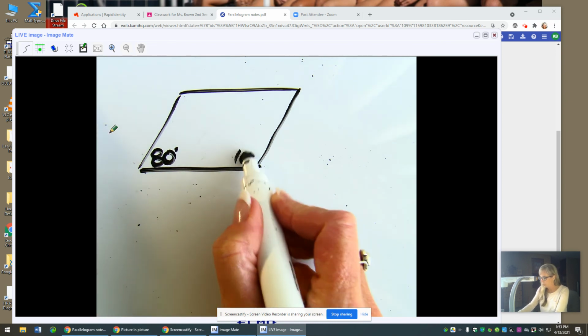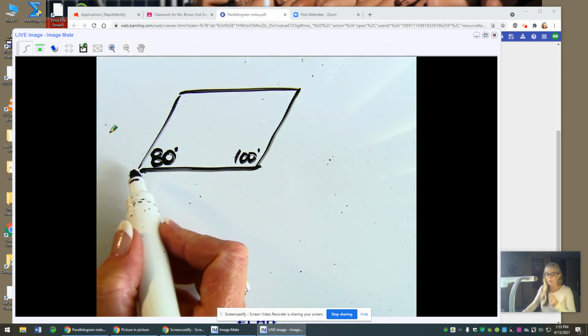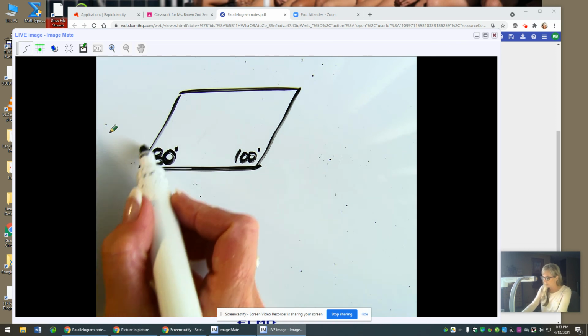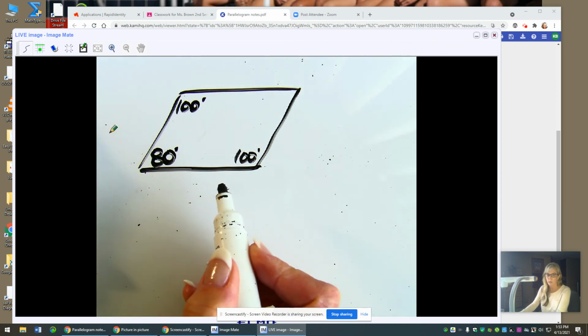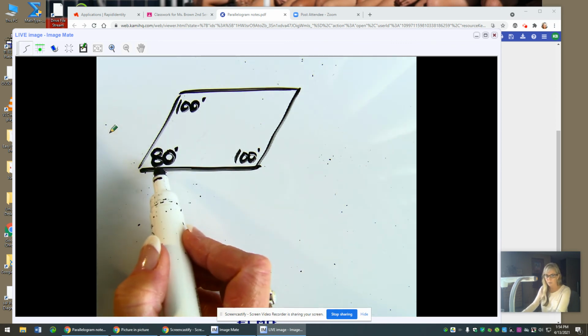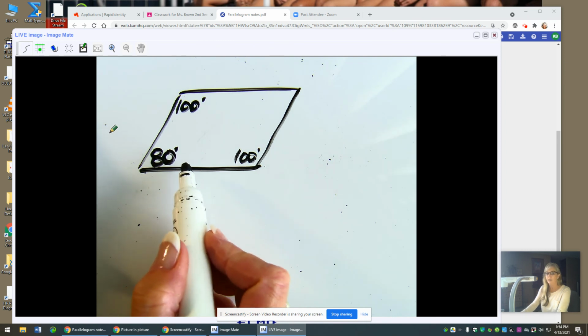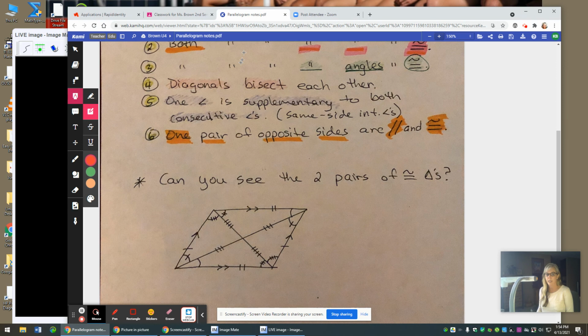If that one is supplementary to that angle, and remember it said both consecutive angles, so the other consecutive angle would be this one up here. If that one is also supplementary, meaning they add up to 180 degrees, that's enough to prove this is a parallelogram. So that's what that statement is saying.